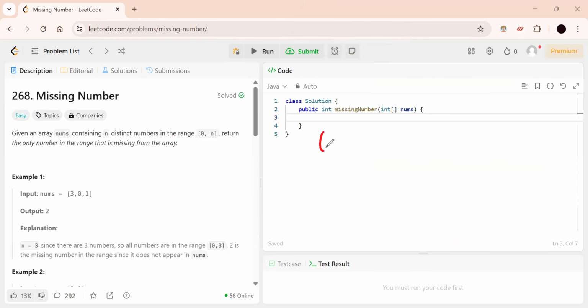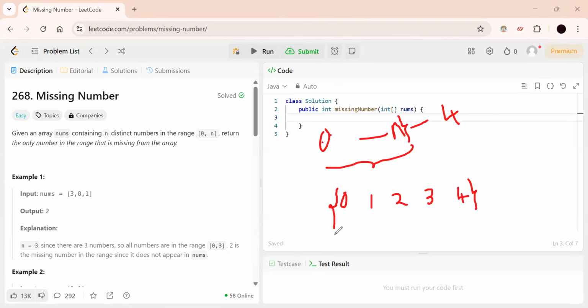If you take n equals 4, how many numbers will you have from 0 to 4? 0, 1, 2, 3, 4. What will be the count here?